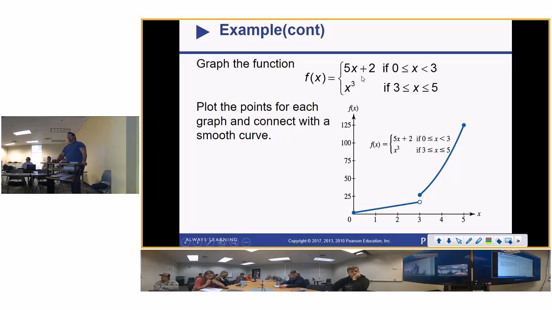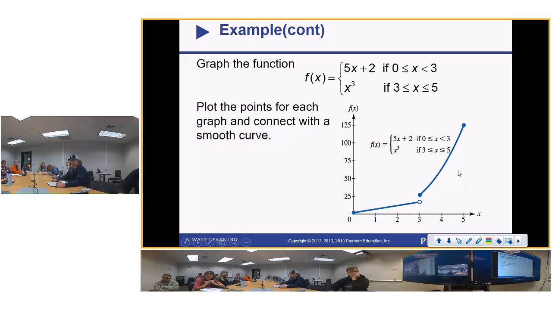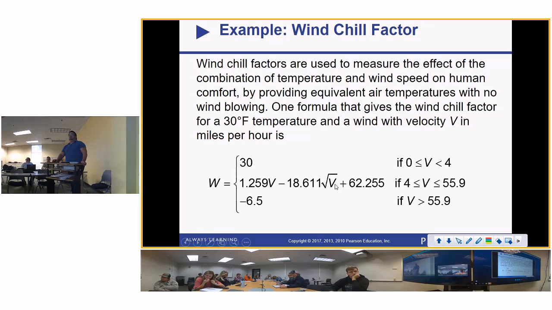Mine's a little bit off because I didn't do my scales like they did, but you get the point. The circles are what's important. You need to know when it's an open circle or a closed circle. Questions? So here's another one, and I would suggest that you use your calculator for this one.